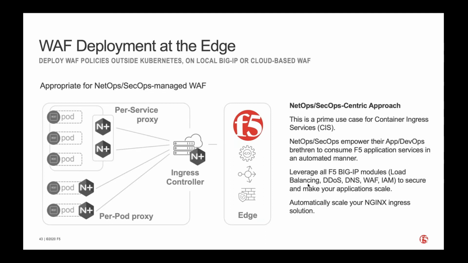The advantage is that the NetOps administrators or the SecOps administrators are going to link to their DevOps admins, the DevOps guys, and they have a stable WAF environment. We can also include other solutions from BIG-IP, like load balancing, DDoS, and other services.